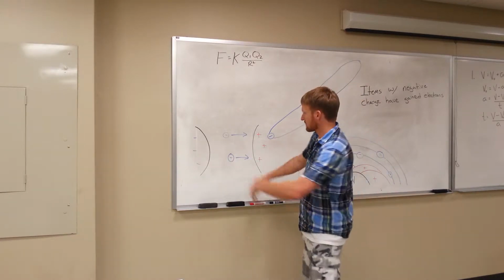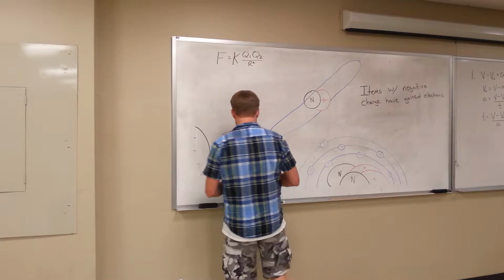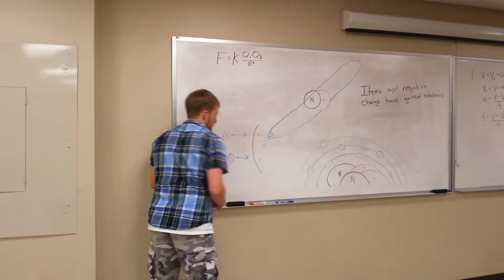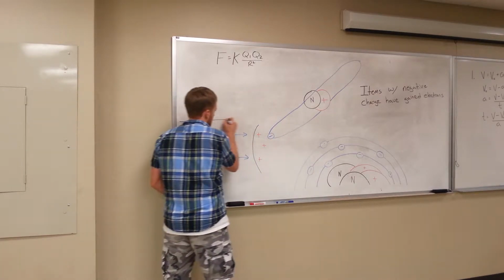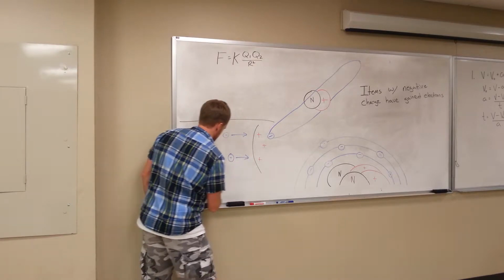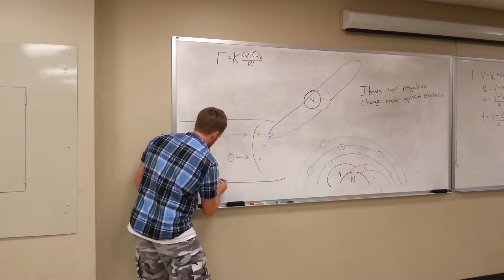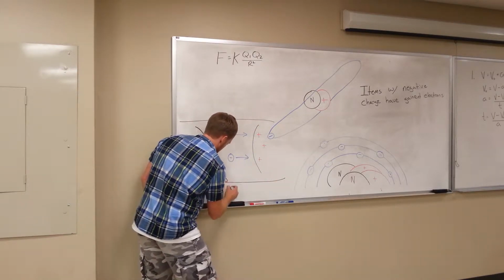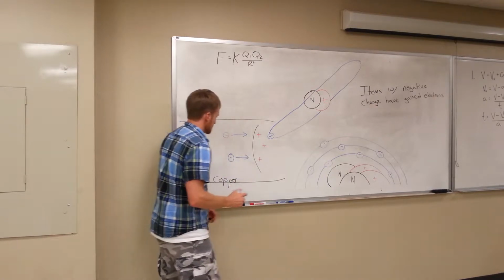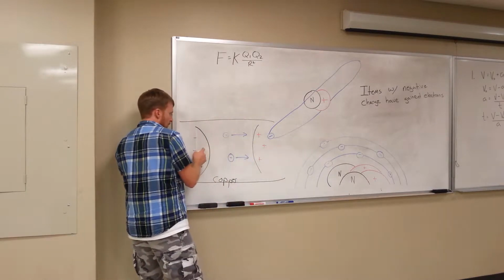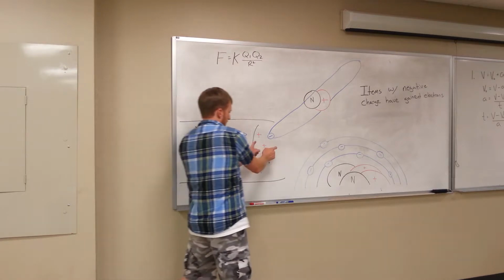And it's not usually out here in the middle of space. It's usually in a material, such as, in this case, copper. So the electron is actually moving from one atom to another atom.